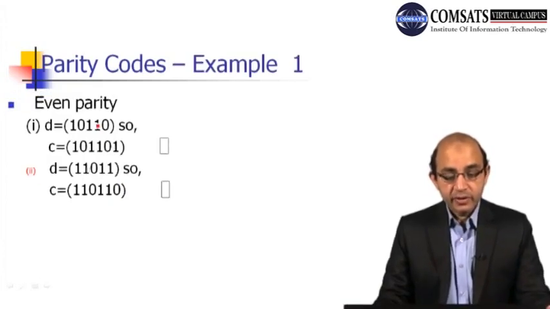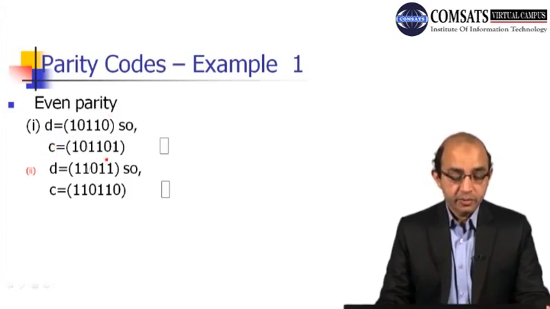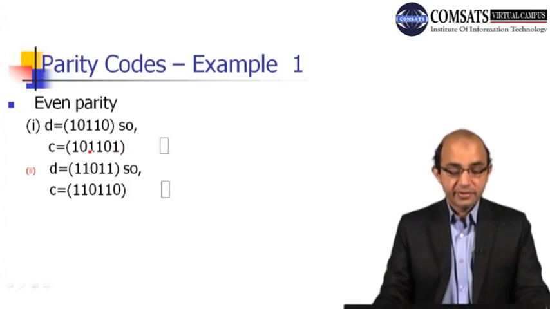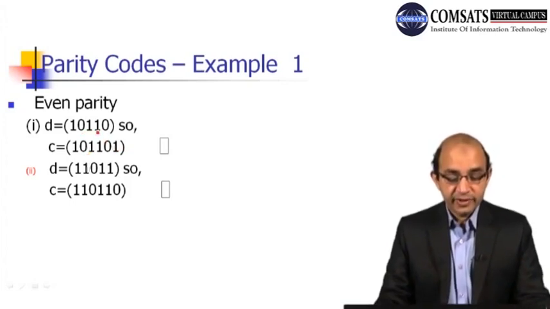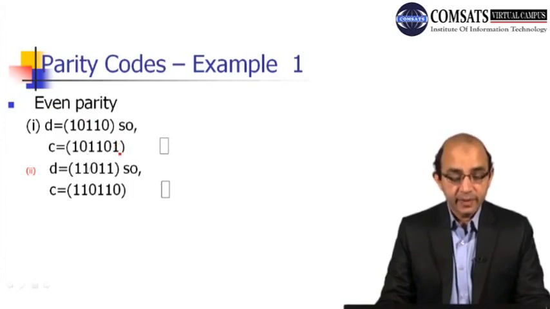Here we have mentioned different examples. Even parity: this is the original data. After block coding using parity, we have introduced this extra bit. You can see the number of ones is odd, and we are using even parity, so to make it even we add this redundant bit 1.